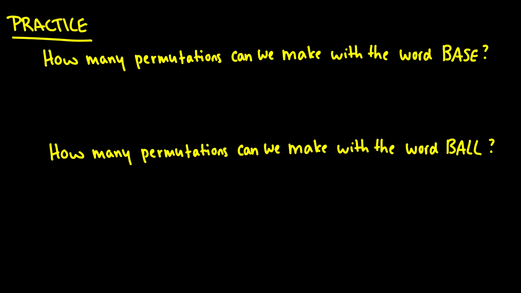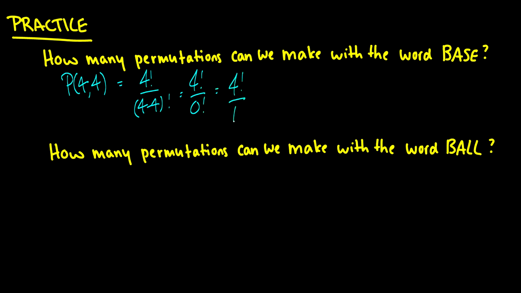Now, what if we were given a word, base? And we say, how many different ways can we rearrange the letters in base to make a word? Well, we're doing all of them. So this is P(4, 4). We have a list of 4 and we're going to arrange 4. So this is 4 factorial over (4 minus 4) factorial, which we know is just 4 factorial over 0 factorial, which is 4 factorial over 1.